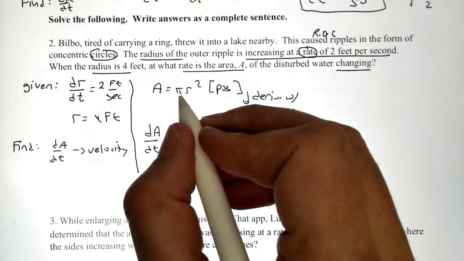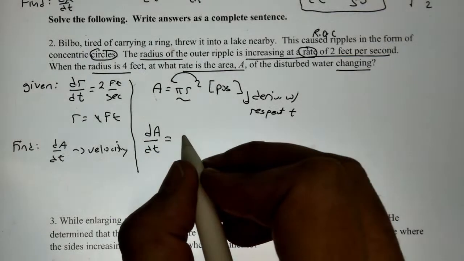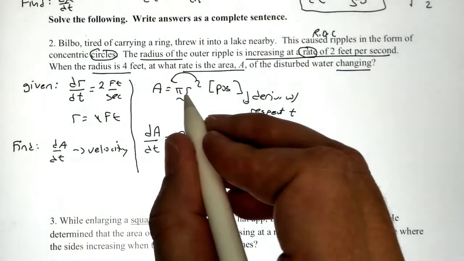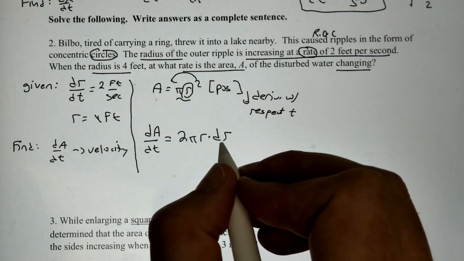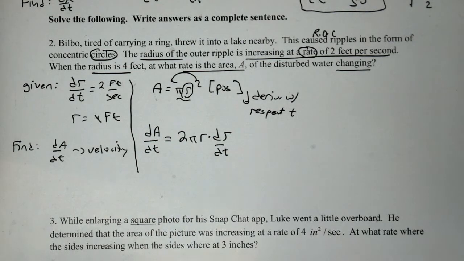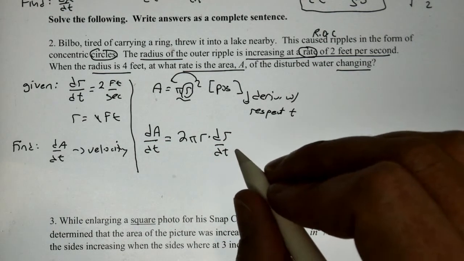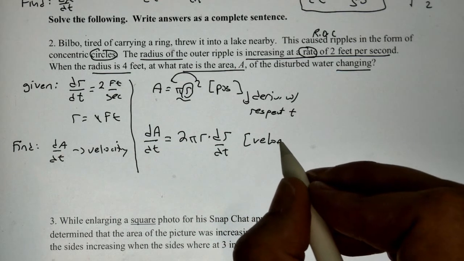Likewise, over here, we take the derivative. Be careful, pi is just a constant. I'm just going to drop that 2 in front, and I'm going to get this 2 pi r, but now I have a chain rule with the derivative of r, dr/dt. Normally it would just be dr, but we're taking the derivative with respect to t this time, so we get dr/dt. And this is my velocity equation.